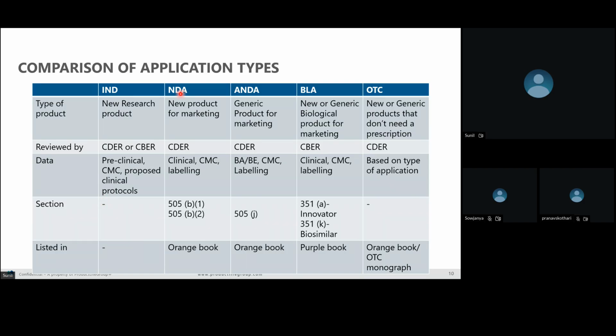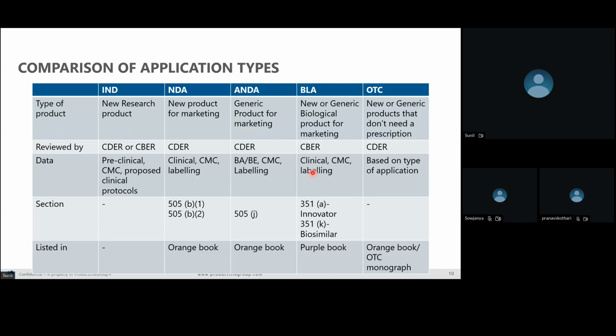In NDA, you will submit non-clinical, that means animal studies, clinical trial data, CMC and labeling data. That means module 1 to module 5, everything. In ANDA, no clinical data, only BA/BE studies, CMC data, no animal studies also, and labeling data. In BLA, BA/BE is not required.